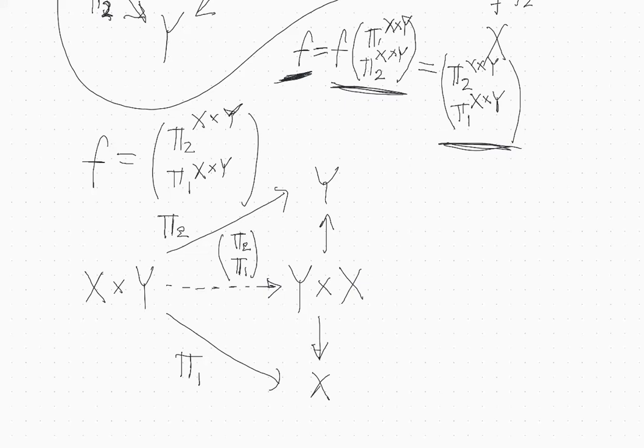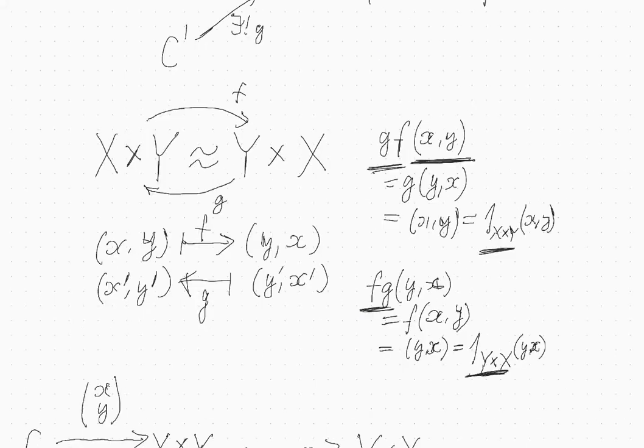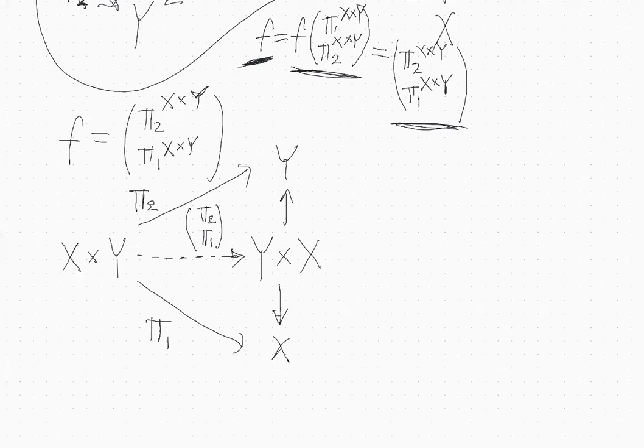But remember now, we also want the other way around. We also want g, something that goes backwards, but g does the same thing. It twists the coordinates again. So it's probably not difficult to see that the same kind of investigation would lead us to saying that the g we're looking for, so this is the f, the g must be defined in the same way, but now instead of the superscript xy, we'll have superscript yx.